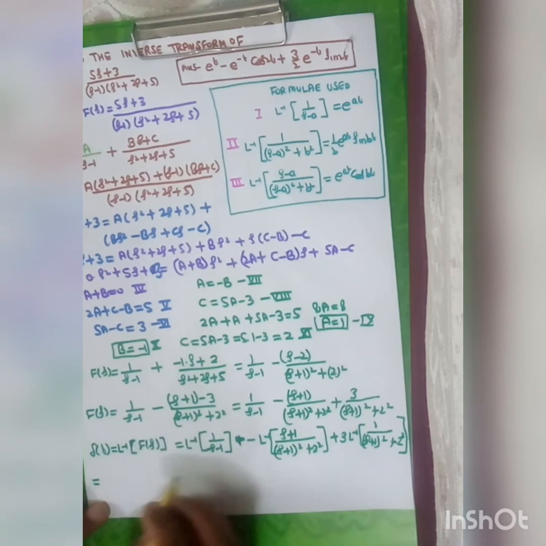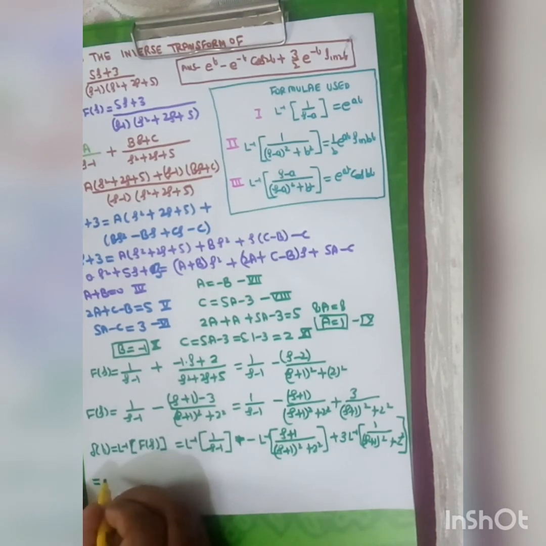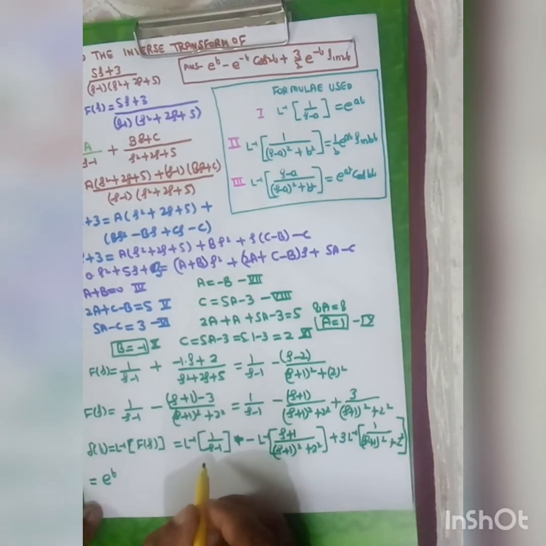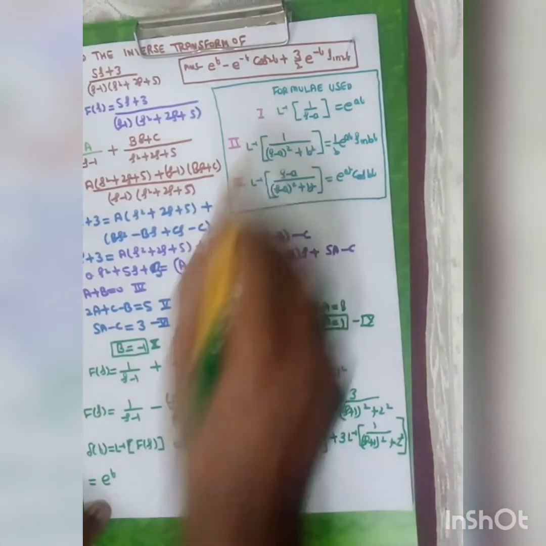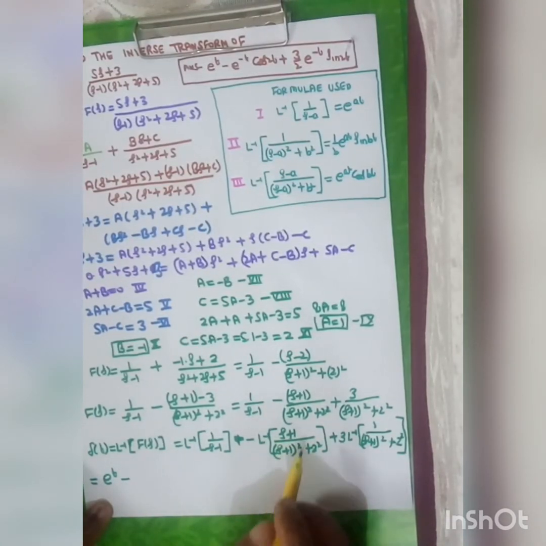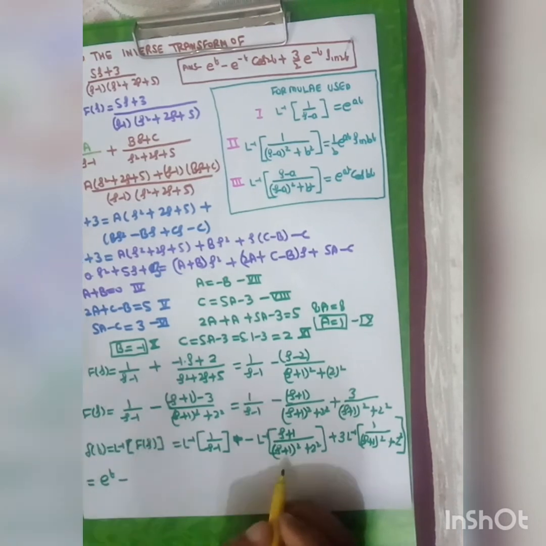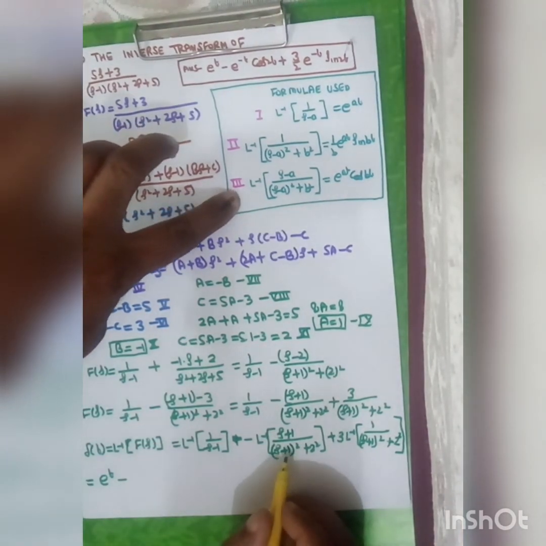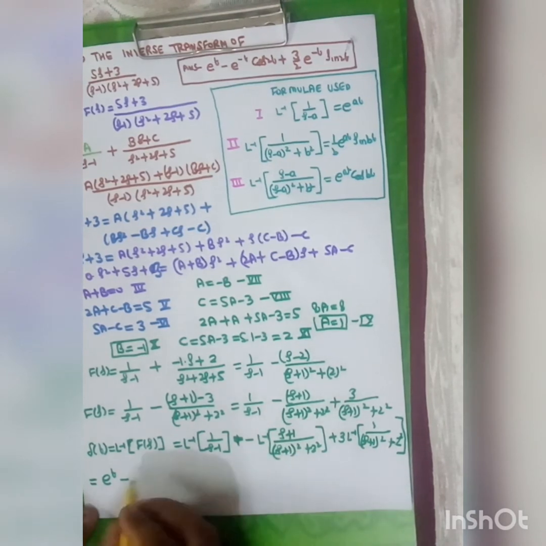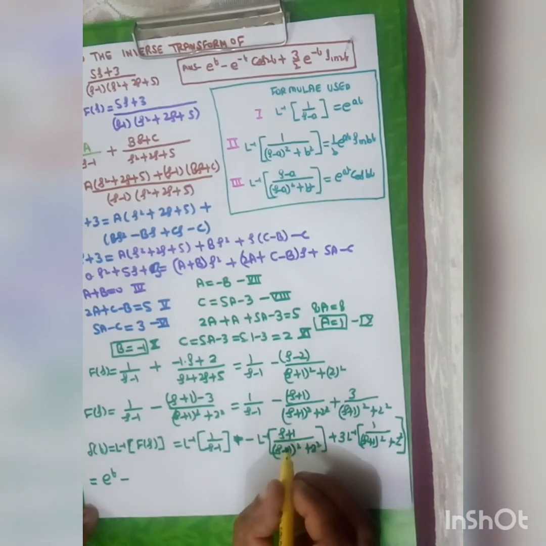By applying formula 1, the inverse Laplace transform of 1 upon s - a is equal to e to the power at. So the inverse Laplace transform of 1 upon s - 1 will be e to the power t. From formula 3 we compare: in place of a it is 1 and in place of b it is 2, so a is equal to minus 1.